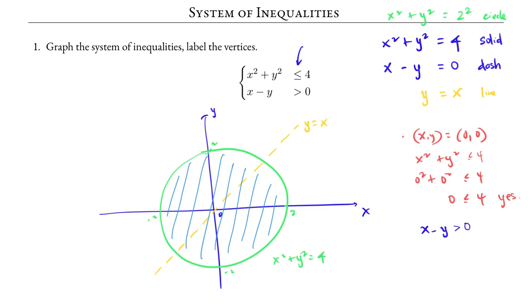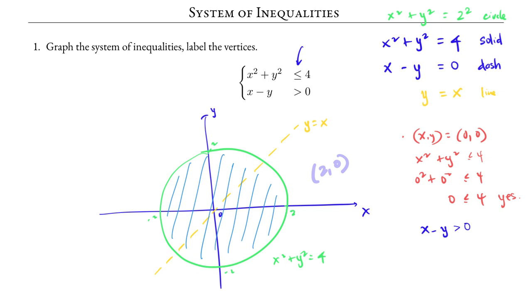In this case, we pick an arbitrary point such as (2, 0). The point (2, 0) is this point here, and it is not on the line. It is on the curve, but this time we only need to determine the solution region for the line, so ignore the circle for now.